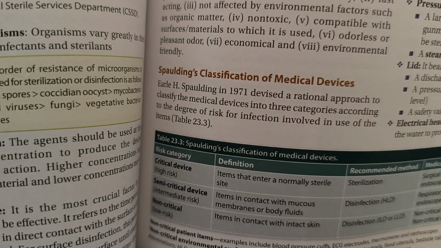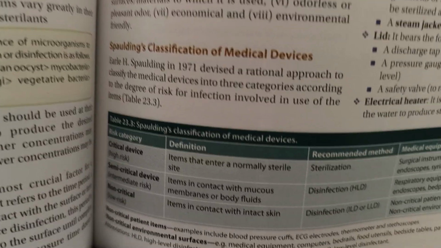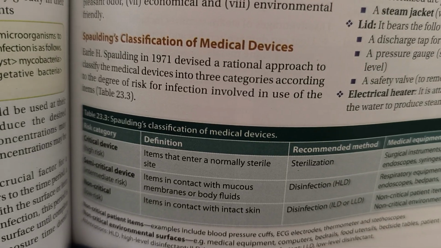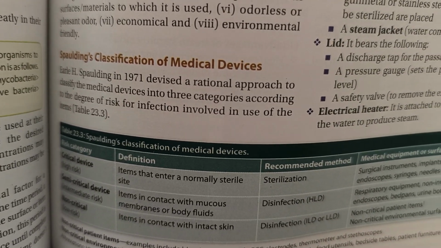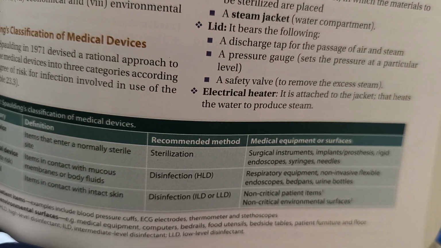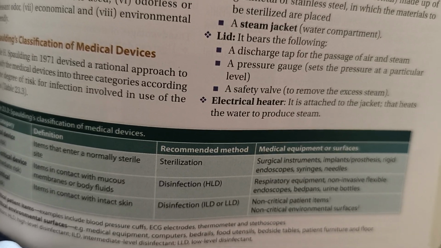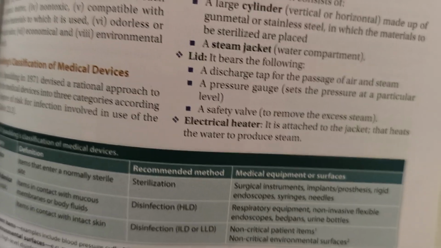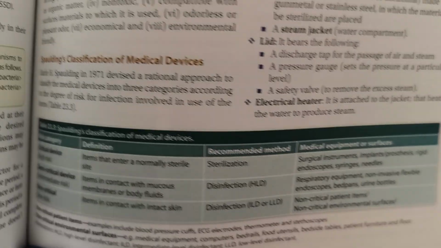First is critical device, which is high risk category. Items that enter a normally sterile site. Recommended method: sterilization. Medical equipment or surfaces: surgical instruments, implants, prostheses, rigid endoscopes, syringes and needles.